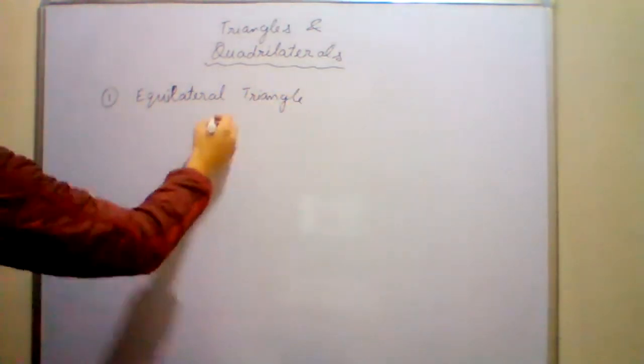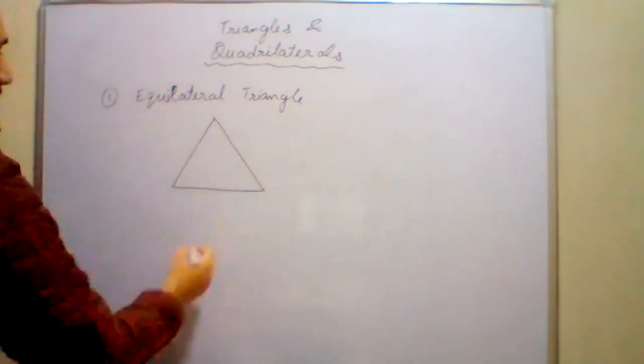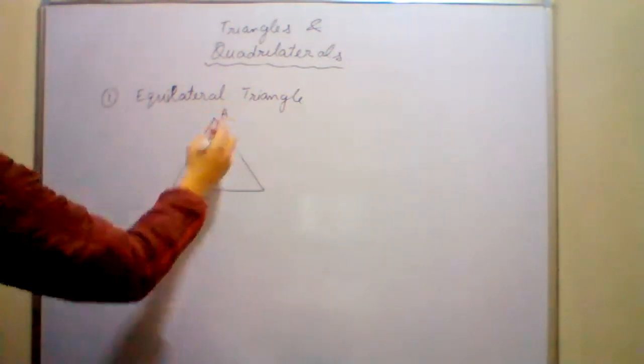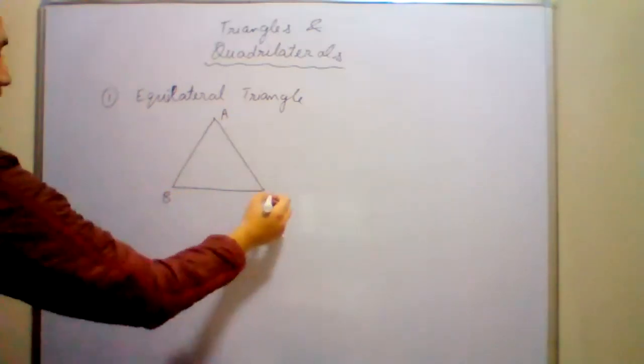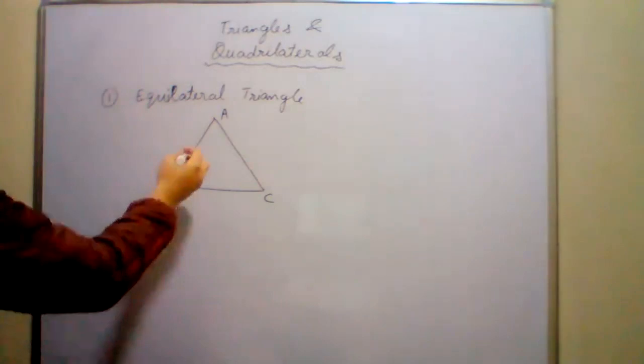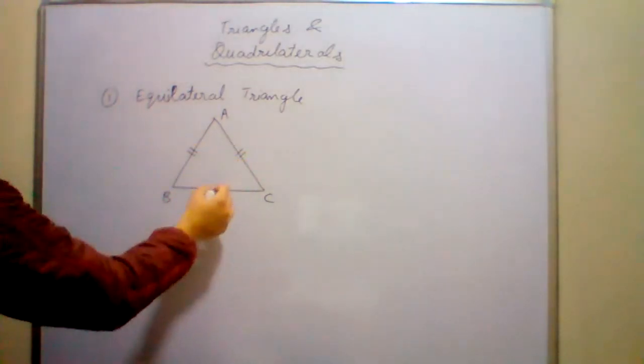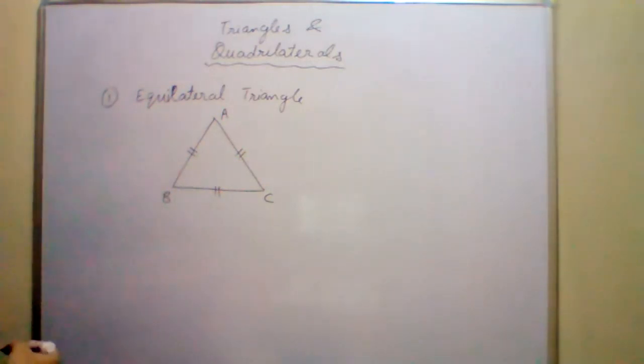An equilateral triangle is one in which all the sides are equal. So if I name the triangle as ABC, that means the side AB is equal to the side AC is equal to the side BC. That means all the three sides of the triangle are equal.